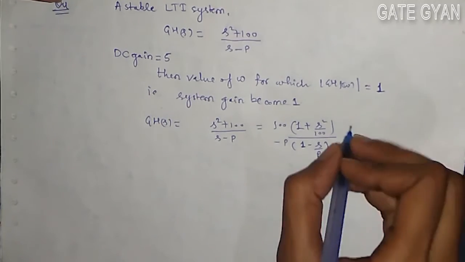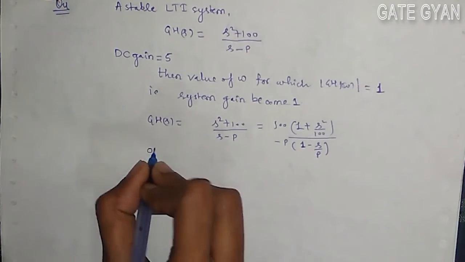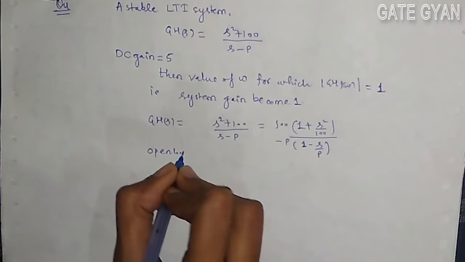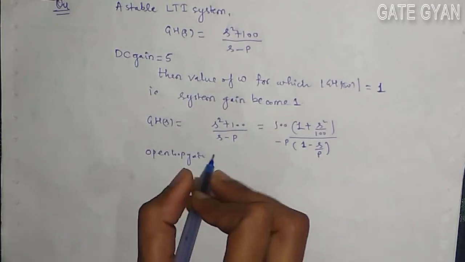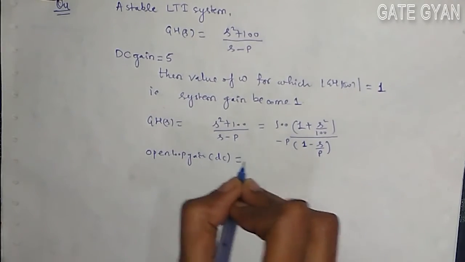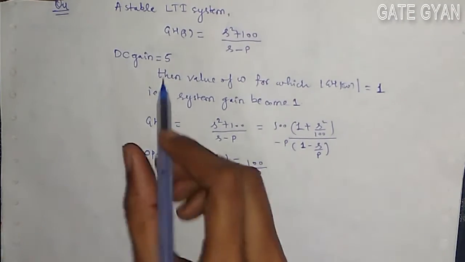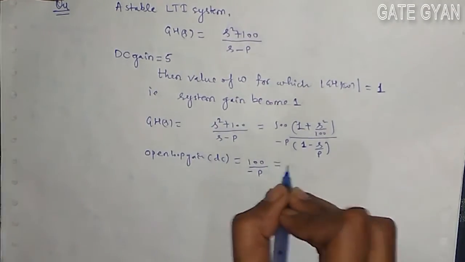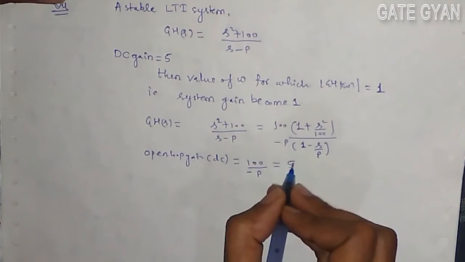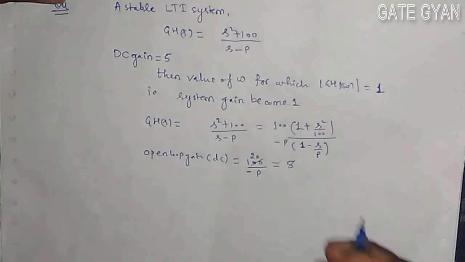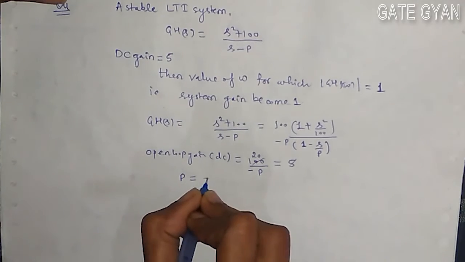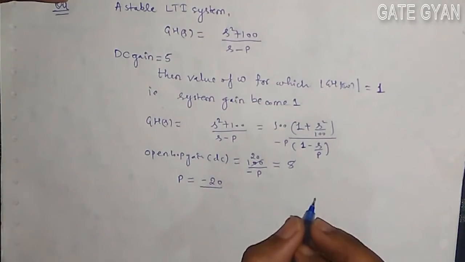From here we can say the DC gain of the system is going to be equal to 100 by minus p, and the DC gain we have been given is 5, which implies that p is going to be equal to minus 20.